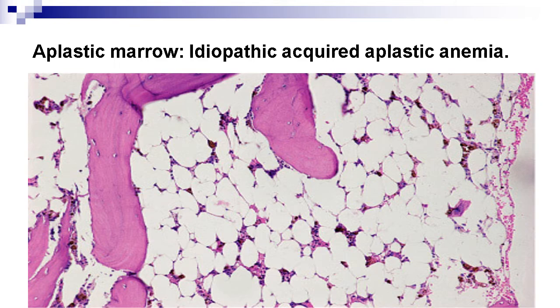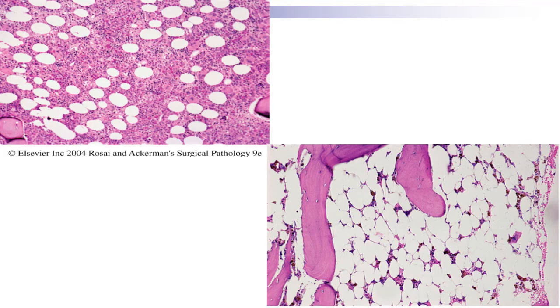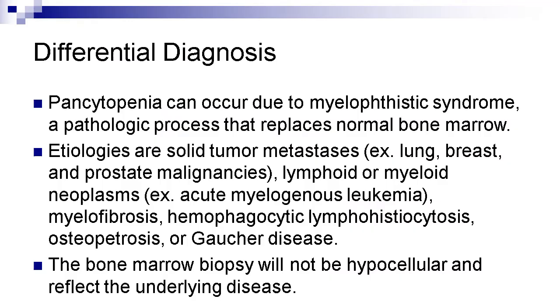Only a few areas with cellular hematopoietic cells remain. This is a comparison between the normal bone marrow trephine biopsy, in which the cellularity is 50-50, and the lower one, which is a bone marrow trephine of aplastic anemia.